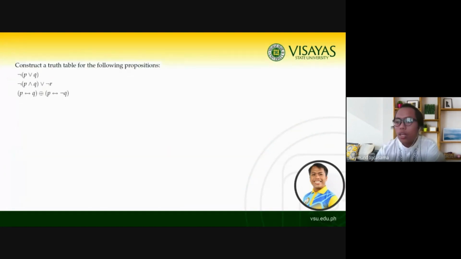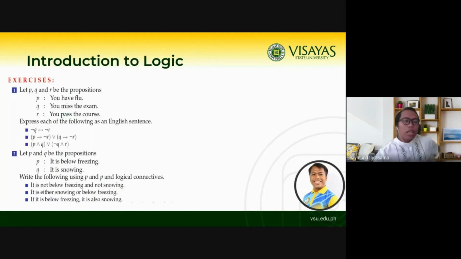Next, let's try to answer, wait. Okay, before that, naa tay mga exercises nga ipa-convert ang propositions to symbol or symbol to proposition.